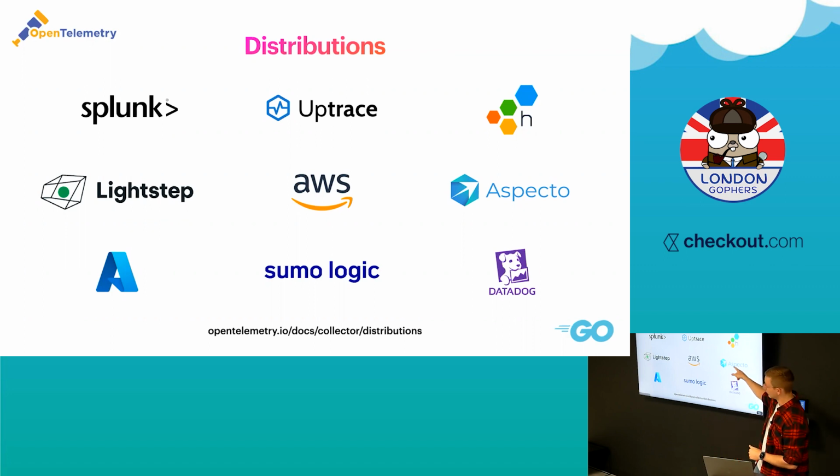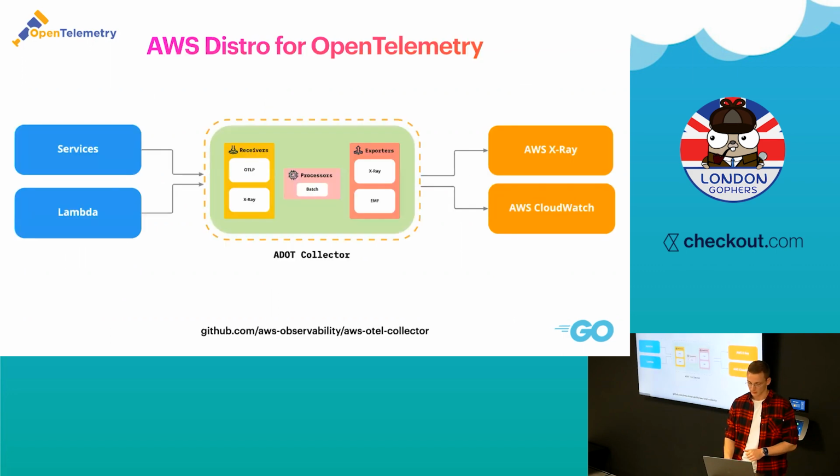Most importantly, the one we're using is the one provided by AWS, which they call their ADOT collector, which hopefully visually you can see is very much the same sort of thing, but I've just highlighted that they provide exporters directly to X-Ray, and then the EMF, or embedded metric format, I think it stands for, sending metric data to CloudWatch.